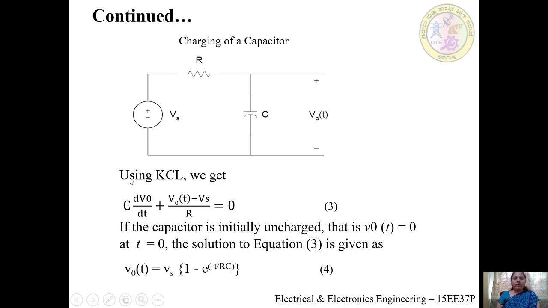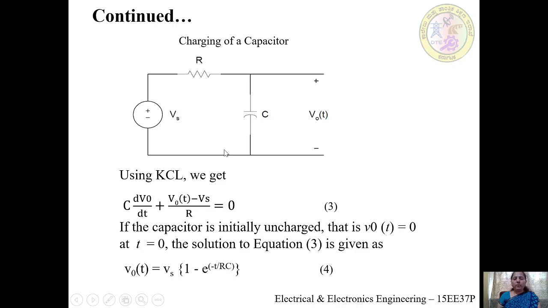So now when we apply Kirchhoff's current law to this circuit, we get the equation as C dV0 by dt plus V0 of t minus Vs by R is equal to 0. Because the current flowing through the capacitor can be written as C dV0 by dt and the current flowing through resistor can be written as V0 of t minus Vs, the potential difference across resistor, divided by R.